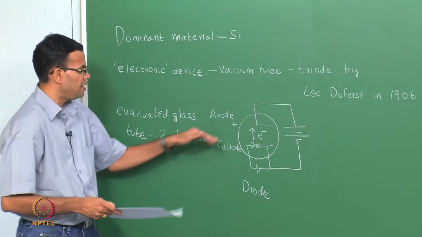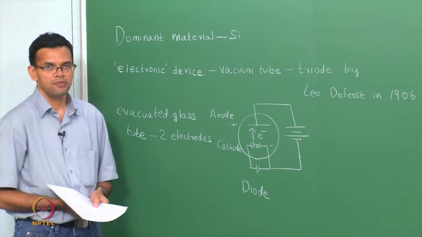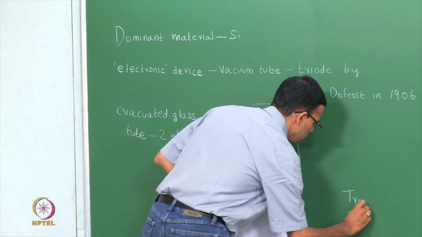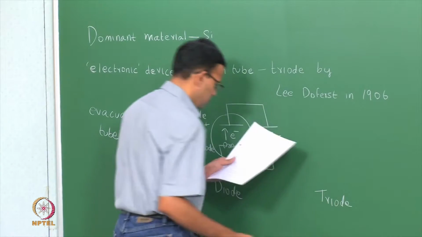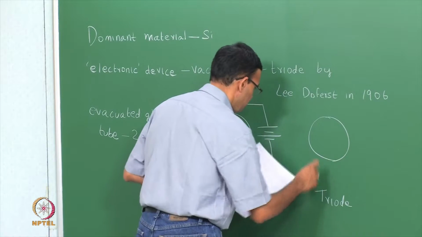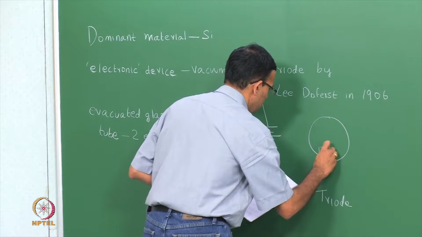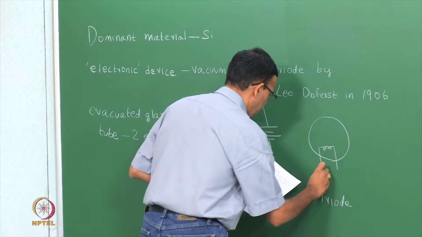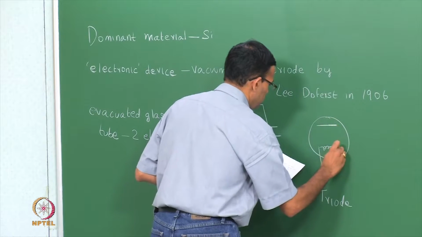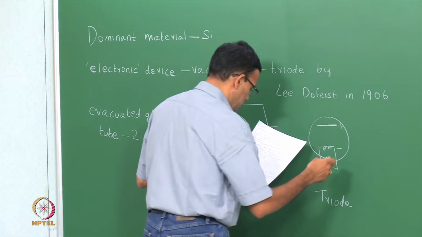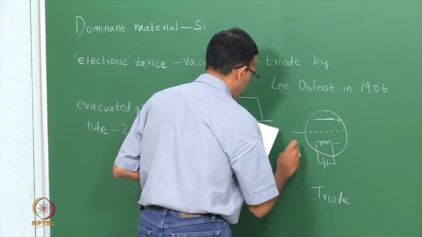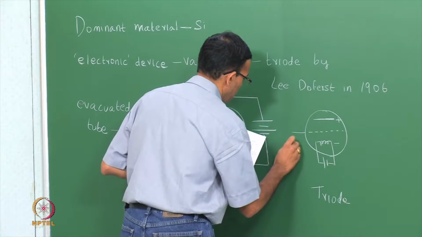You can add another electrode to this system to form the triode. Once again you have the evacuated glass tube. There is a cathode which is negative, there is an anode that is positive, and there is a third electrode that is the grid.